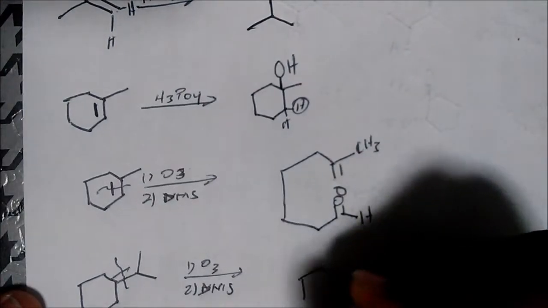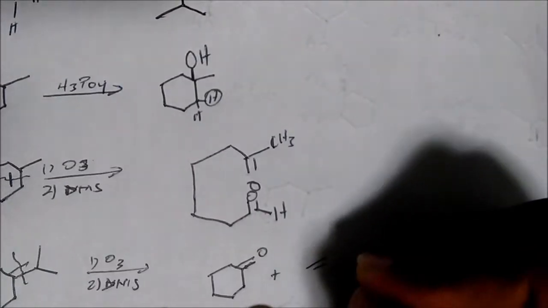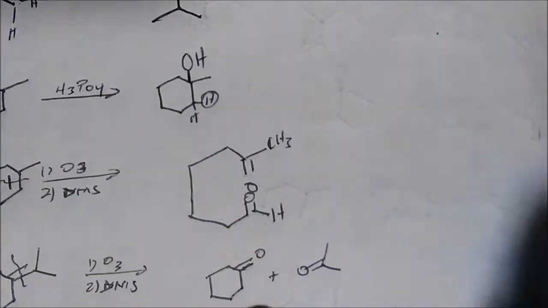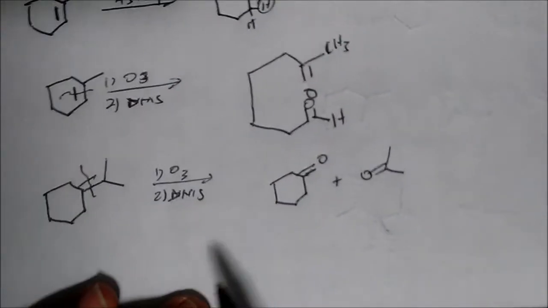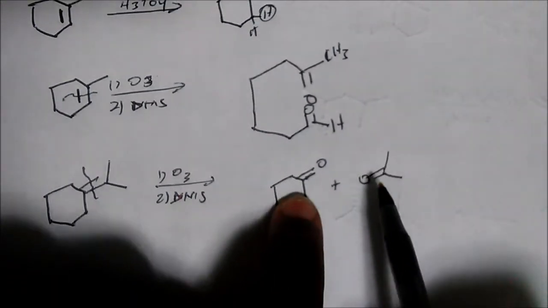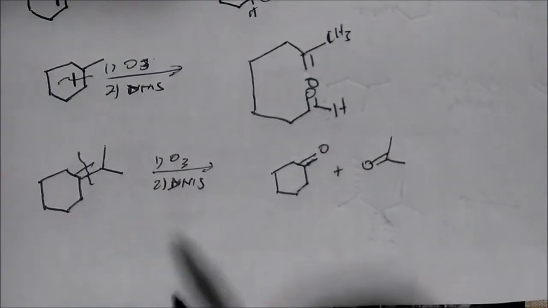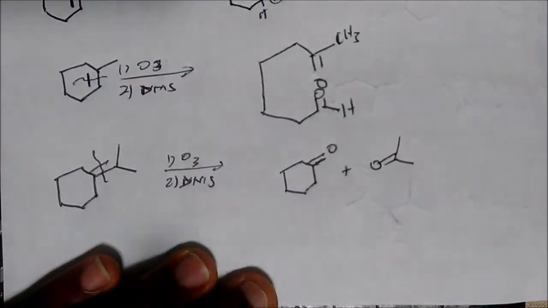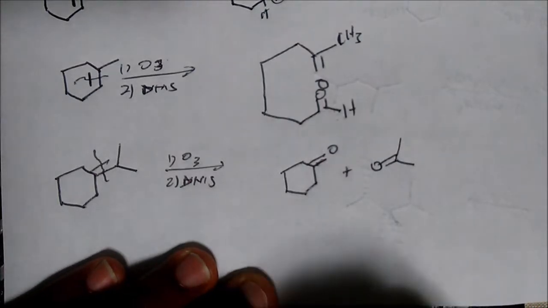So now you get something that looks like this with an O right here, and you also get another one that looks like this. So notice you get two products here. And the reason I'm telling you this is because when we start talking about retrosynthesis, what if I were to give you these two products and say, what is the starting material? Then you could just simply put these together and you get your starting material.